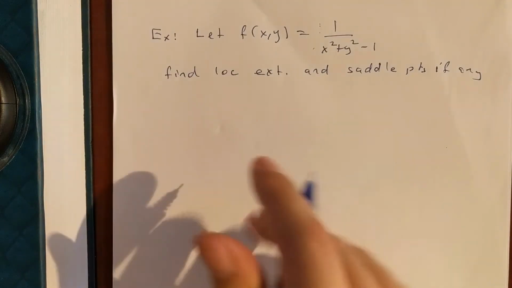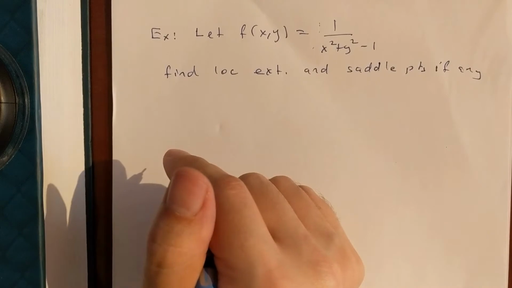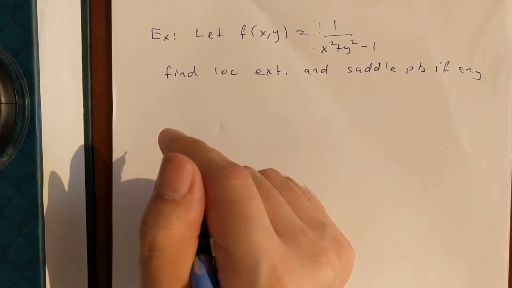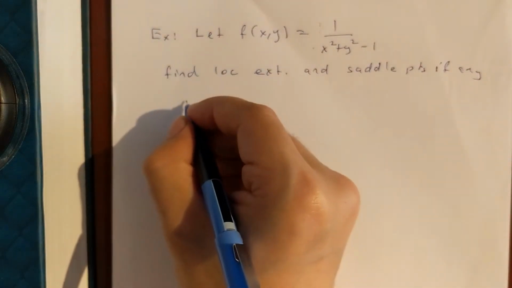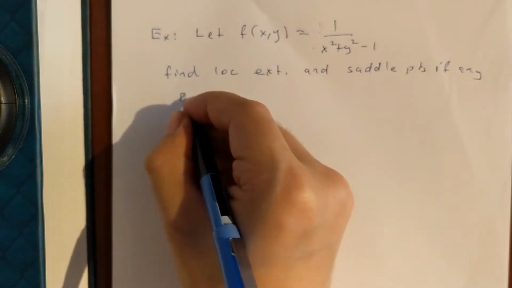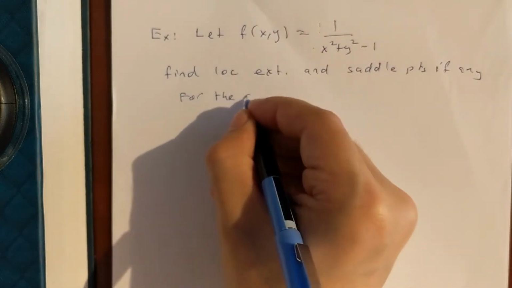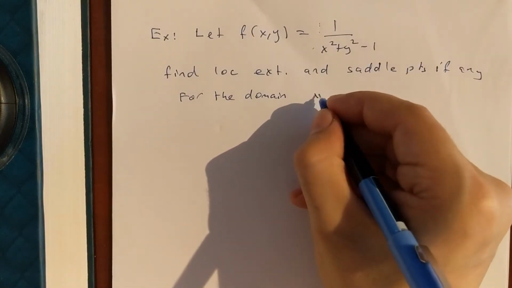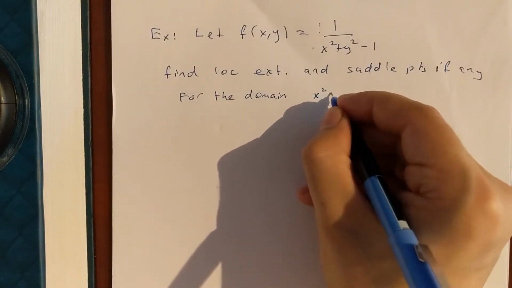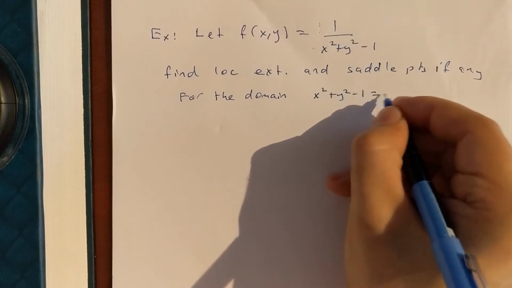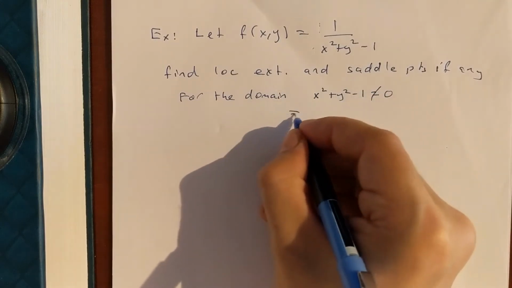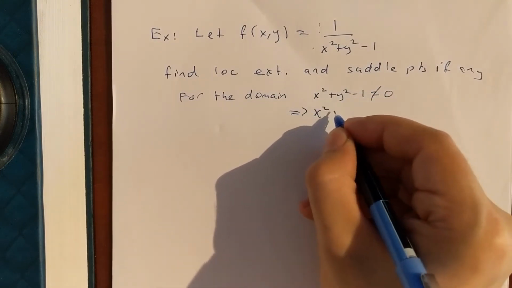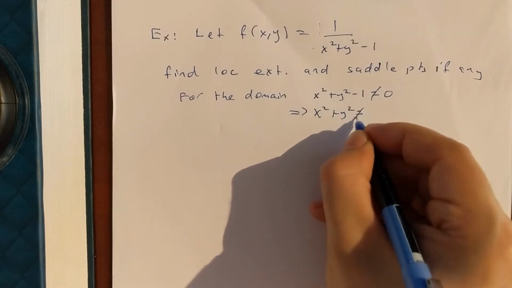Okay, so the first order of business is determining the domain. The only bad values are when the denominator is 0. So we can't have x squared plus y squared minus 1 equaling 0, which immediately says x squared plus y squared cannot be equal to 1.